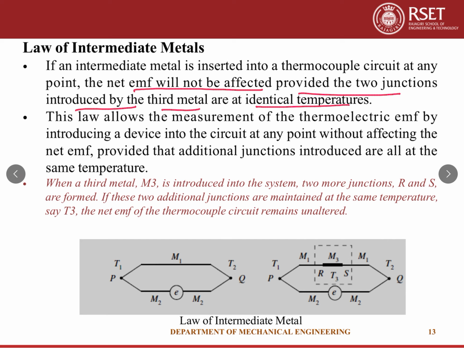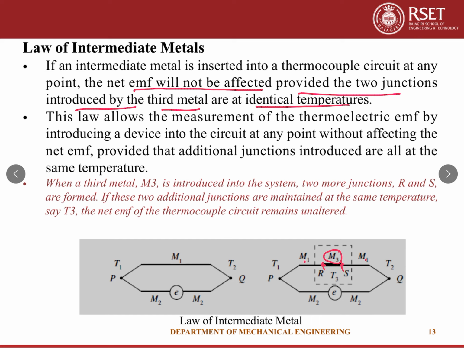So here we can see, apart from materials M1 and M2, we are adding an additional material M3. According to this law, this additional material does not affect the EMF provided these two temperatures are the same.